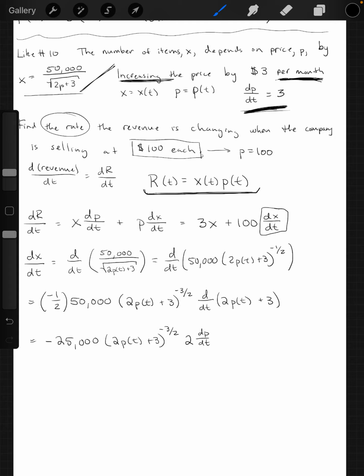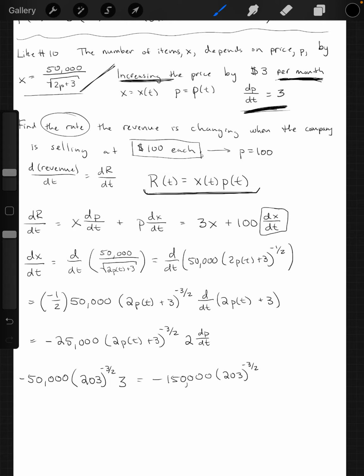So that bumps back up to negative 50,000 here. p(t) is 100, and dp/dt is 3. So we get negative 150,000 times 203 to the negative 3/2.